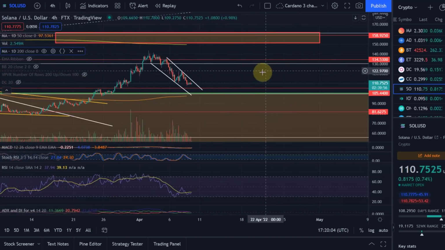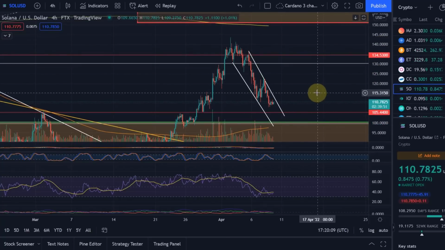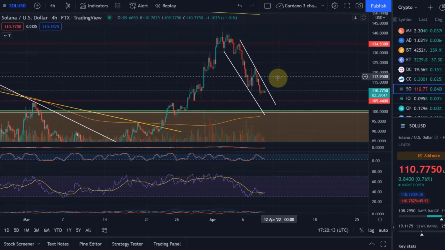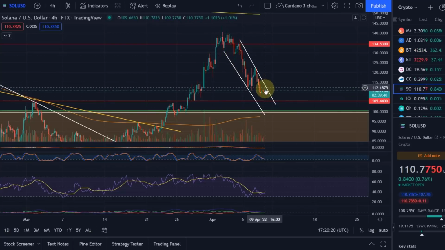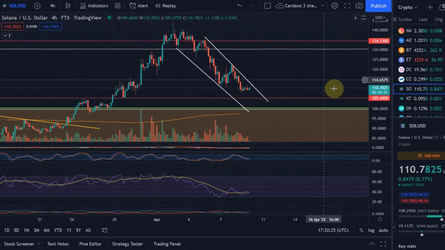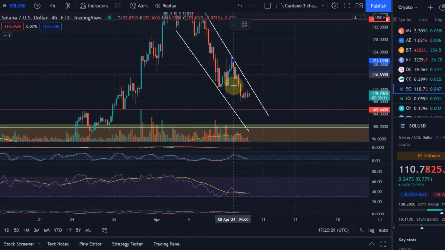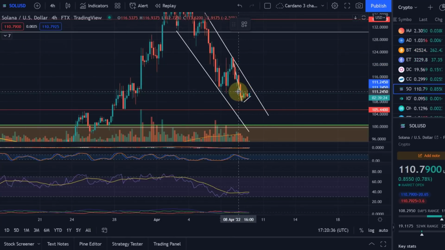I showed you in the Cardano video and also in the Bitcoin video potential reversal patterns that are forming. For Solana, I can't see it yet. However, Solana is moving currently in a channel. Solana likes channels. We need to be aware that, yes, we are finding support here, but it's also looking like a bearish flag that we are forming, where you're coming down and then consolidating after an impulsive move to the downside.